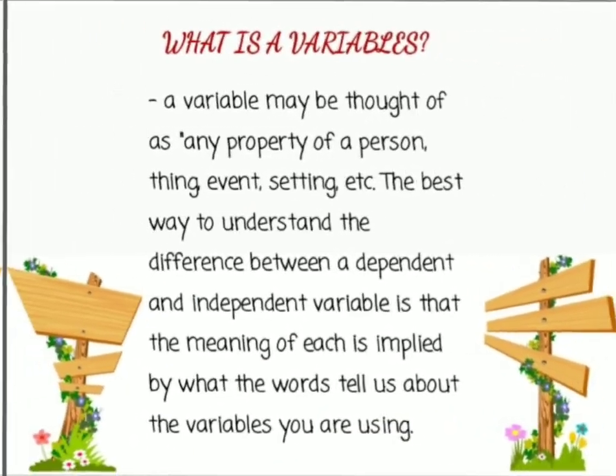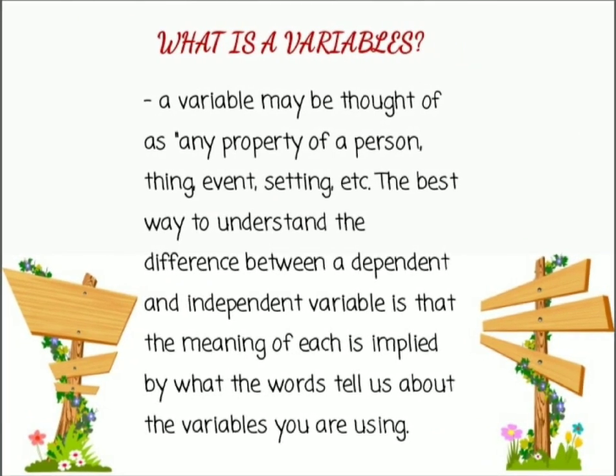What is a variable? A variable may be thought of as any property of a person, thing, event, setting, etc. The best way to understand the difference between a dependent and independent variable is that the meaning of each is implied by what the words tell us about the variable you are using.